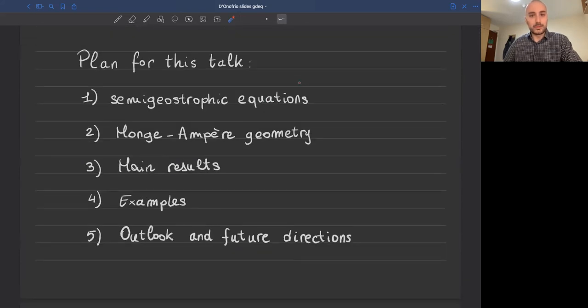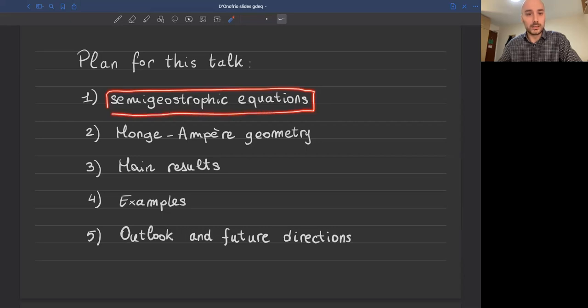So the plan for this talk is as follows. We are going to see some modelistic and physical aspects of these semigeostrophic equations: how do they arise, what are the main variables involved, and what are the possible routes for their solution.